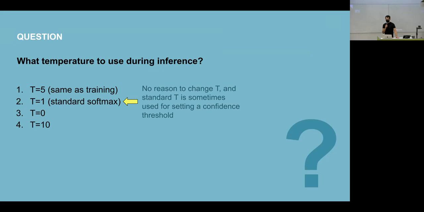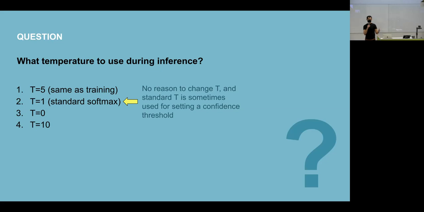Like, you don't want to expose this dark knowledge. You don't need to use it during training. And so what people usually do is just use the standard softmax temperature during inference. In some cases, we also rely on the probability numbers to find confidence in the output, or quantify the confidence in the correct output versus the wrong outputs and so on.